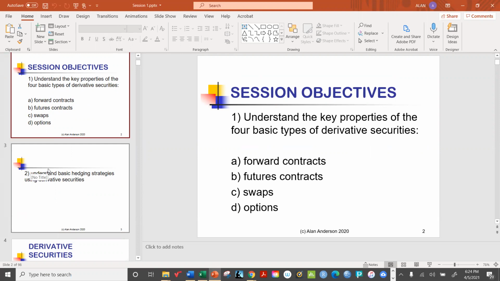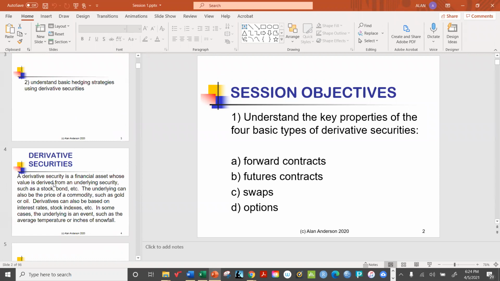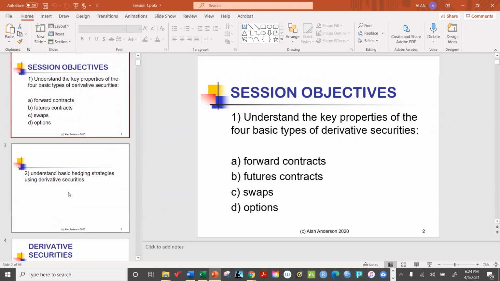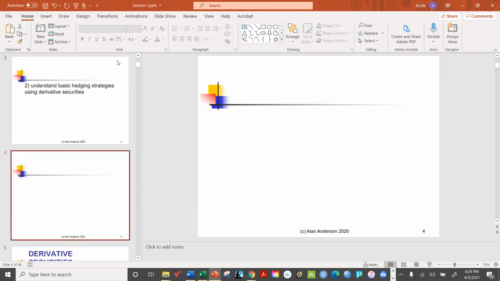So in other words, the nice thing about derivatives, depending on your outlook, is that you can speculate on the future direction of many different kinds of economic variables. Let me sneak this in here for a second.